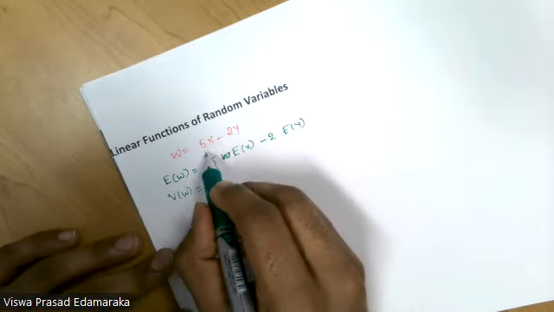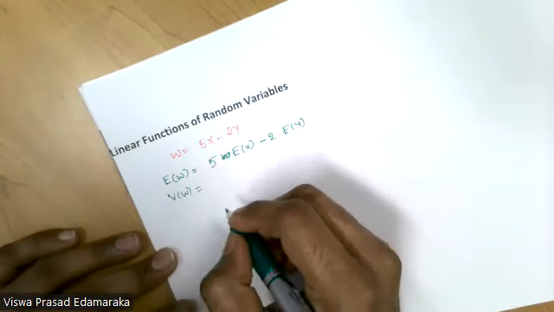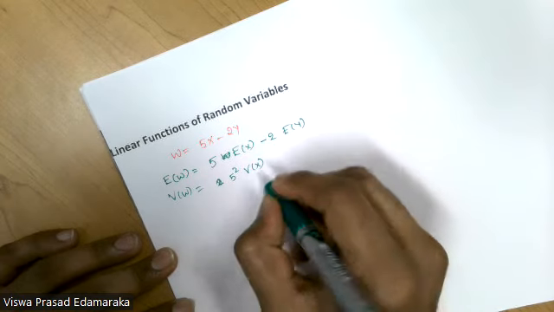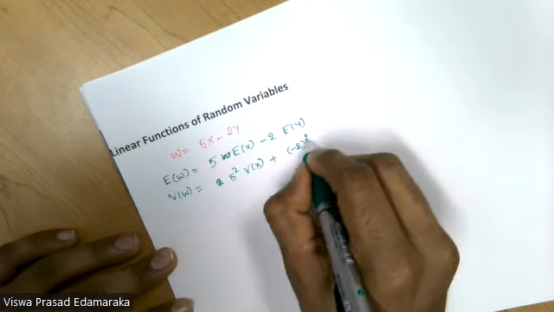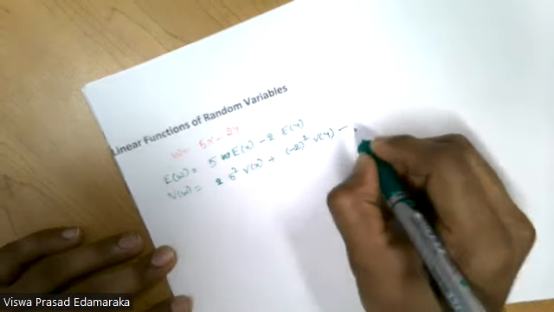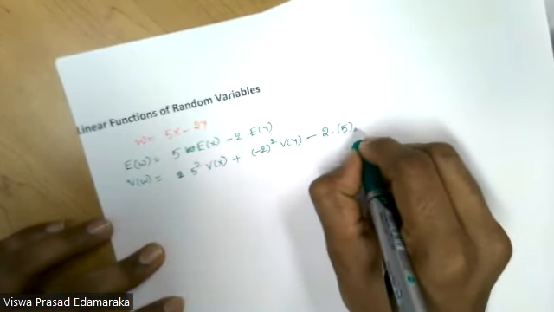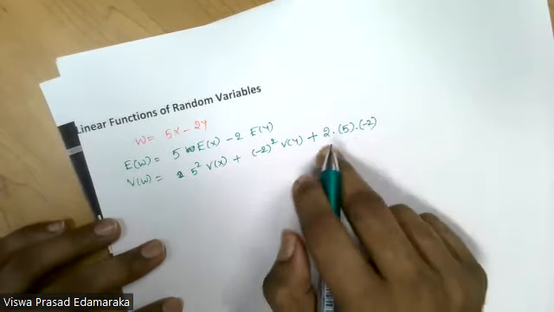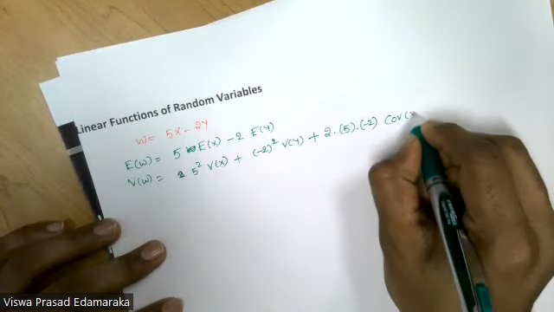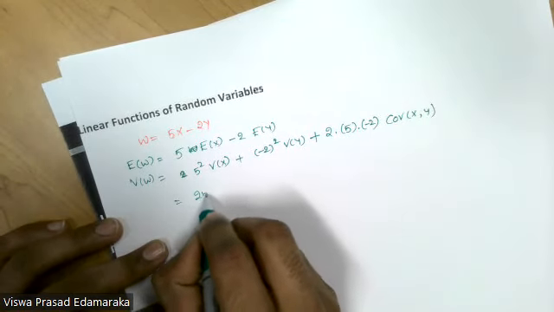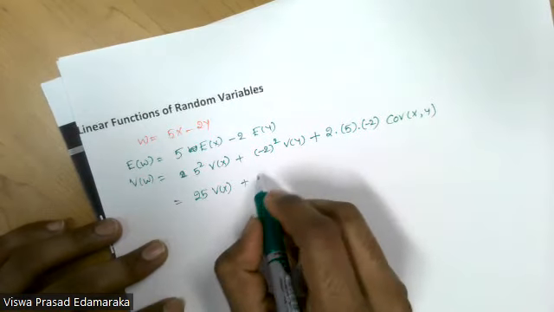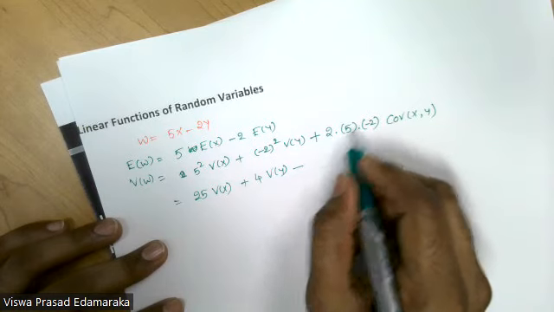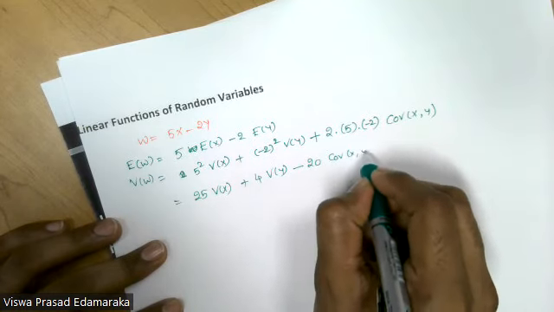For variance of w, the constants should be squared: 5 squared variance of x plus (minus 2) squared variance of y, minus 2 into 5 into 2, that is 2ab, covariance of x and y. So it is 25 variance of x plus 4 variance of y minus 20 covariance of x and y.